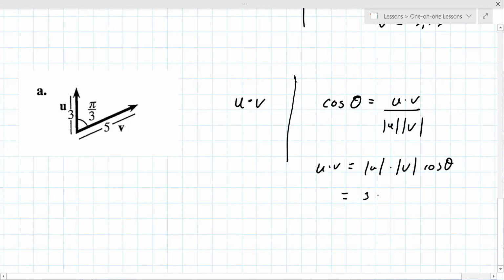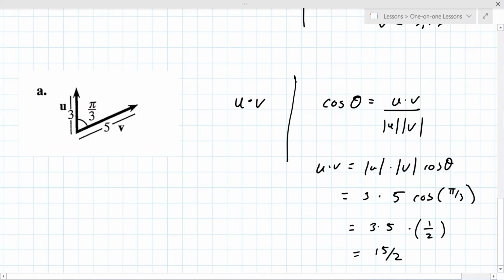So your u is 3, your v is 5, and the angle is pi over 3. Cosine of pi over 3 ends up being 1/2. I think your instructor expects you to know this on the unit circle.